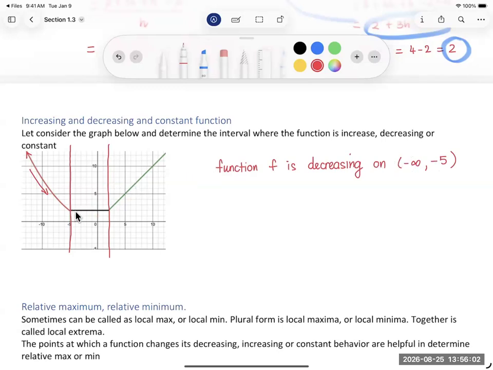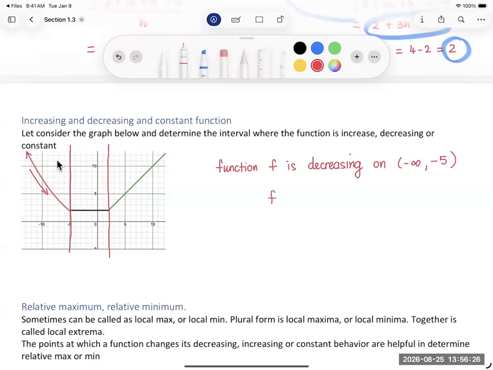Now we move on to the second piece. On the second piece, the graph just stays at the value y equals 2 all the time. So it means this piece of the function remains with no change. It always stays at 2. So we say that is a constant.